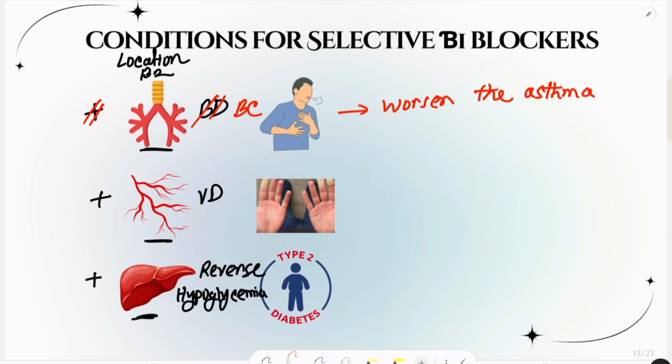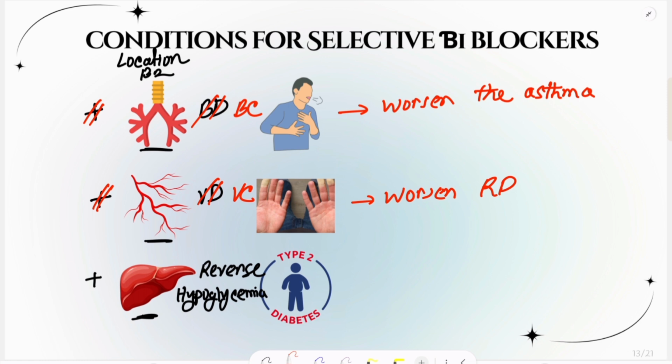Now, if we block the beta 2 receptor on blood vessel, that will lead to vasoconstriction instead of vasodilation, and that will worsen the condition of a person having Raynaud's disease. In Raynaud's disease, we know that the person is already sensitive to vasoconstriction, and if we use a beta 2 blocker, that will cause further vasoconstriction, and that will worsen the condition.